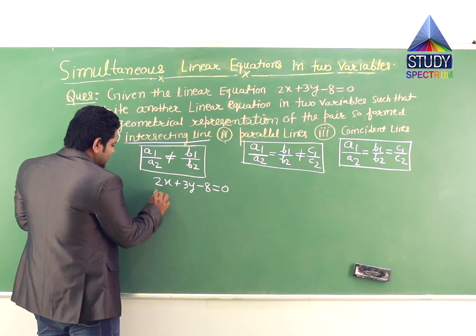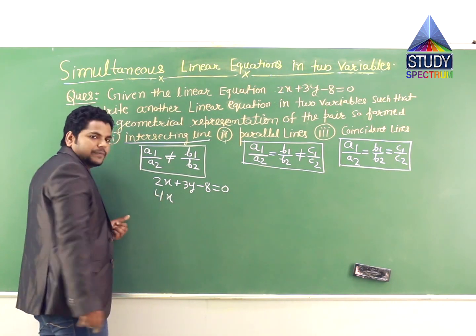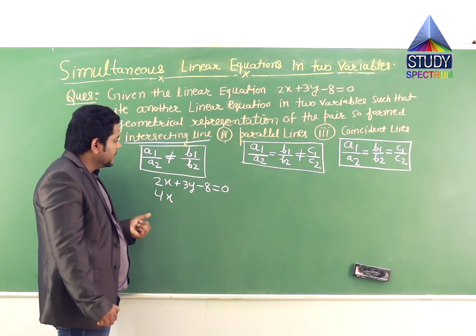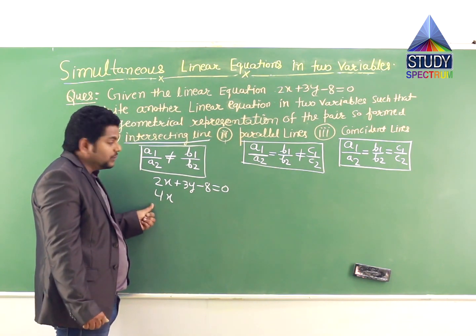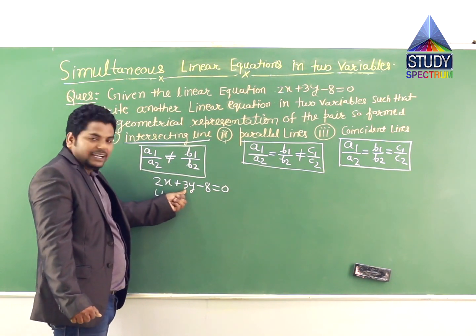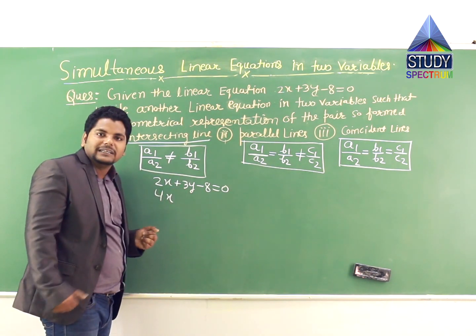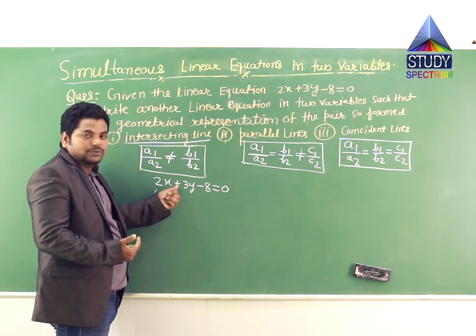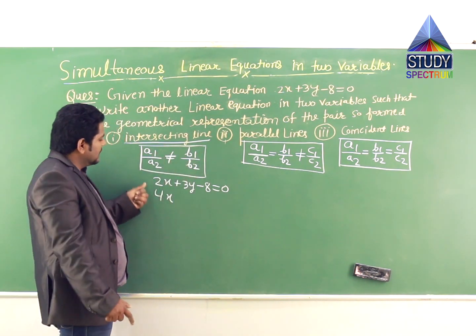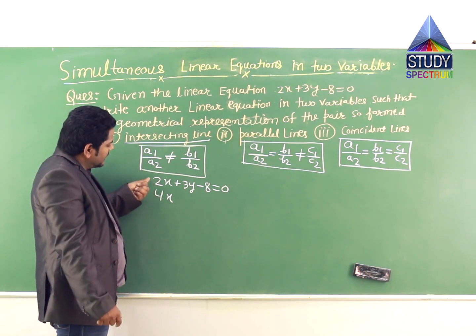Suppose we write 4x, so 2 by 4 is 1 by 2. But the ratio of the coefficients of y should not be equal to 1 by 2, because A1 by A2 should not be equal to B1 by B2.